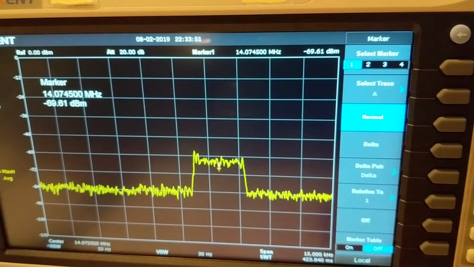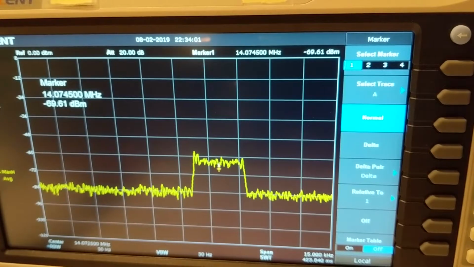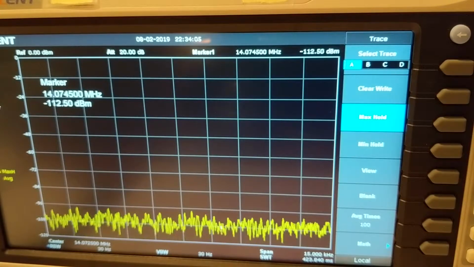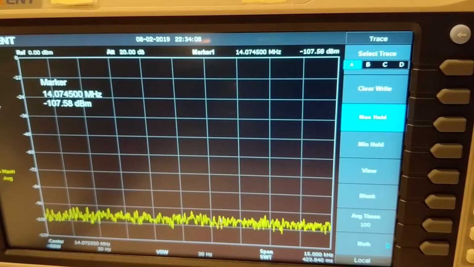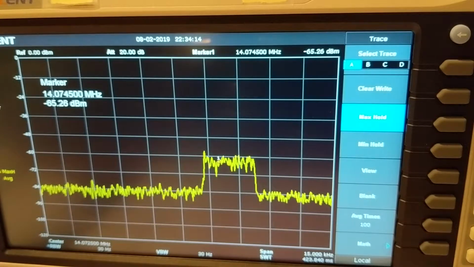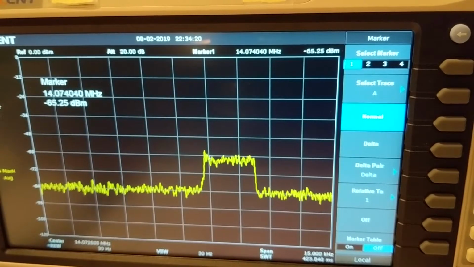Okay, let's look at the 1000 hertz. Okay, wow, this time is fast. Okay, 1000 hertz.